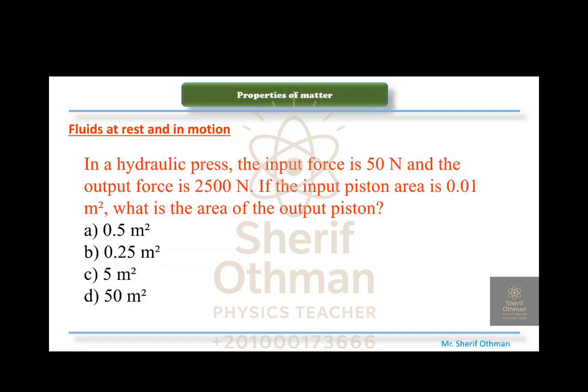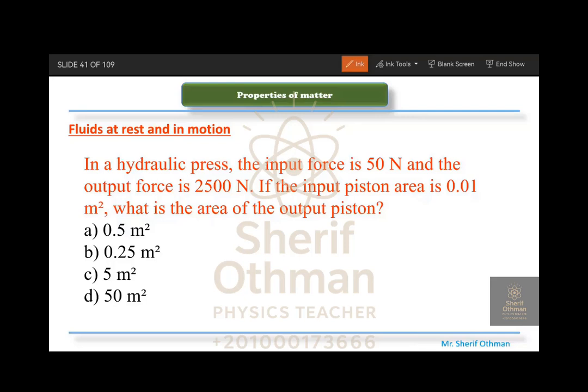In a hydraulic press, the input force is 50 Newton and the output force is 2500. The input force is force 1, the output force is force 2. If the input piston is 0.01 meter squared, that means area 1. What is area 2, the output piston area? By Pascal's principle, F1 over A1 is equal to F2 over A2.